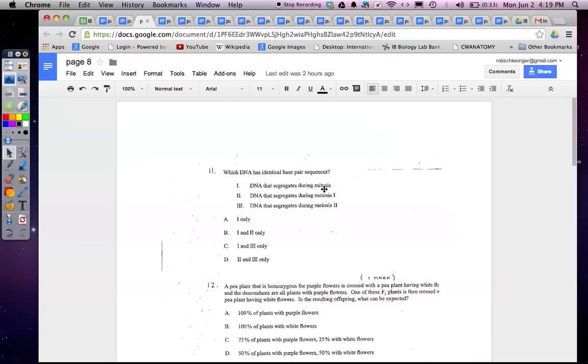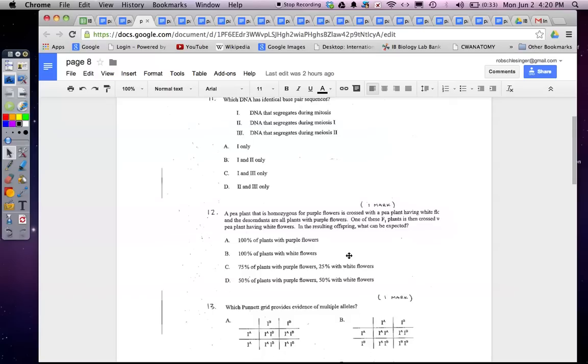With mitosis, you're trying to produce identical copies of the same cells. With meiosis, you're trying to produce different or genetically diverse gametes. So when you see identical, you should always associate that with mitosis. And so the correct answer is A.